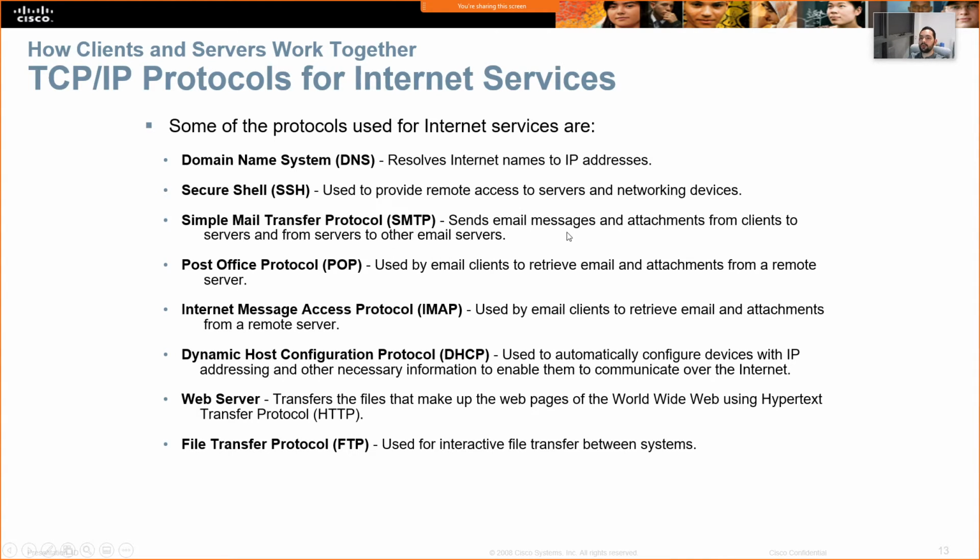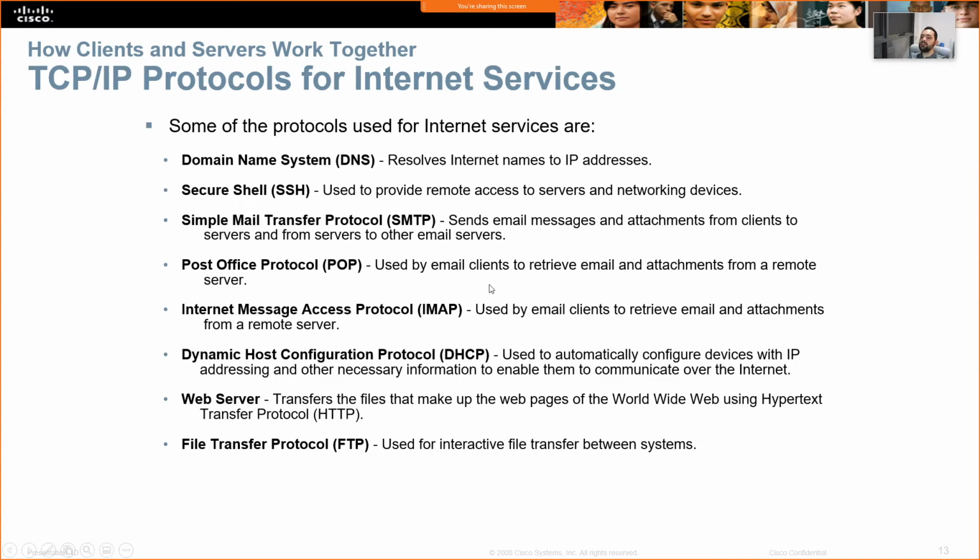Each one is for a certain purpose. SMTP is to send the email message and to send the attachments from the client to the server. All right? So the direction of where the email is traveling is important here. When you're sending from the client to the server or between servers, we use SMTP.